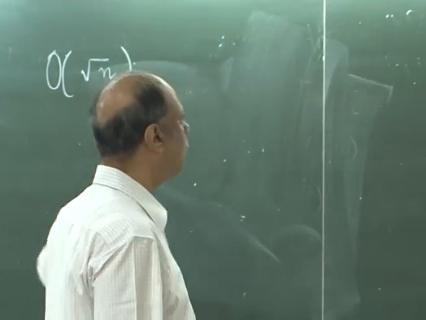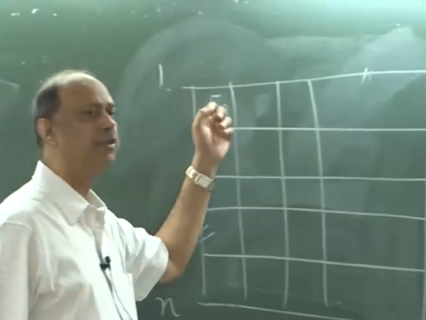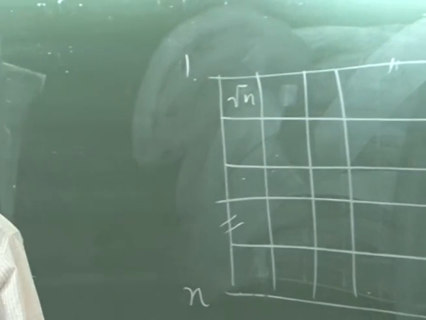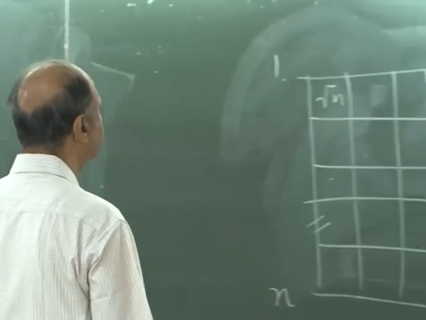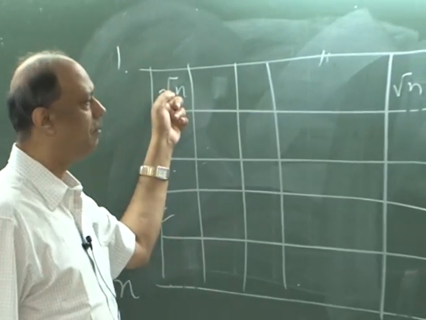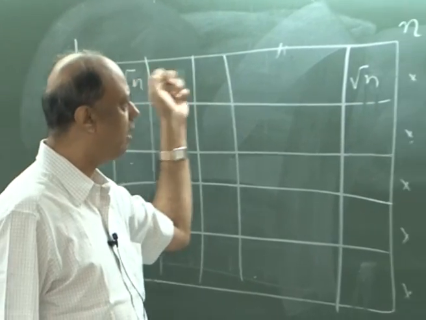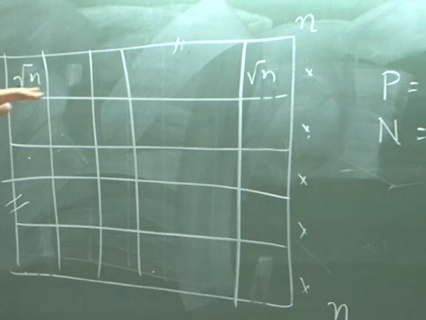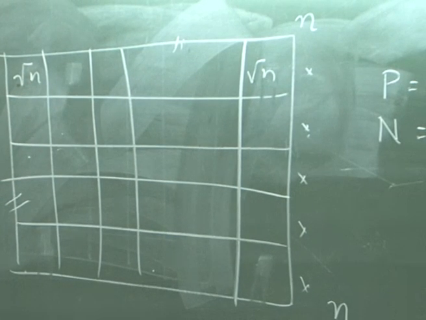Now, every processor will retain the sum of square root n elements, which can be done in order square root n time. Now, these summed elements, now I can sum row wise in order n time.